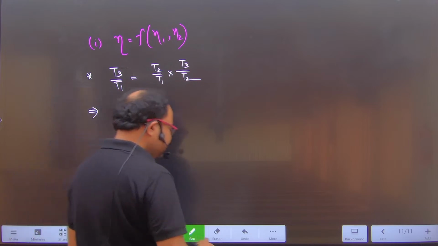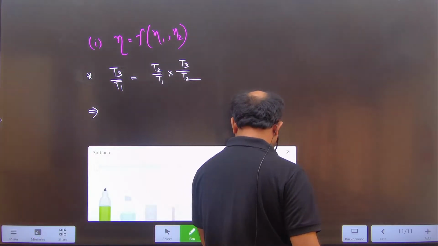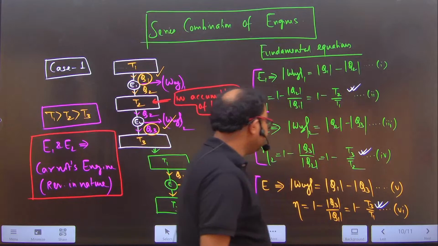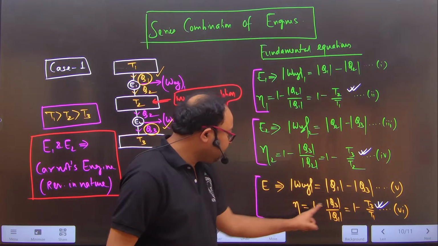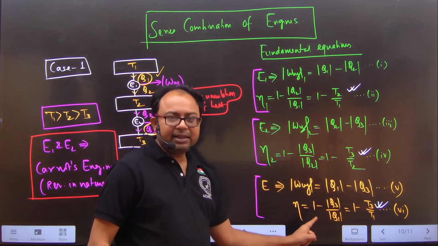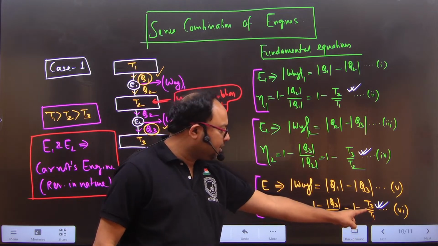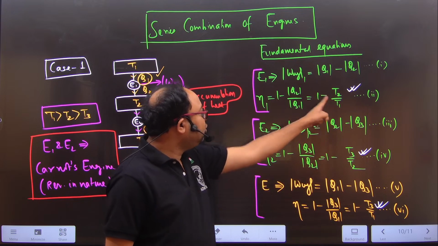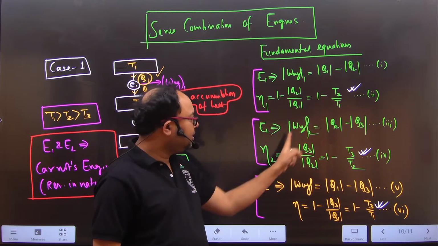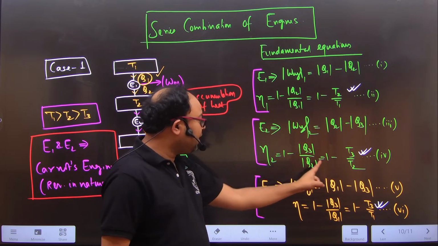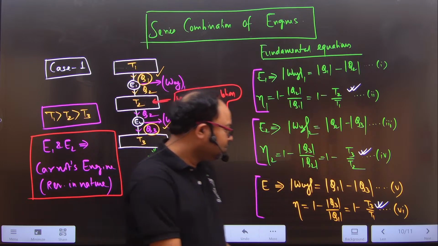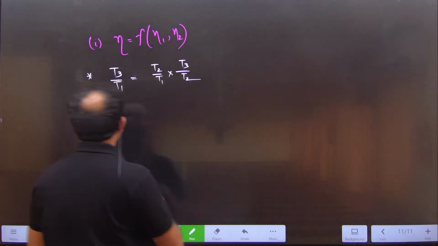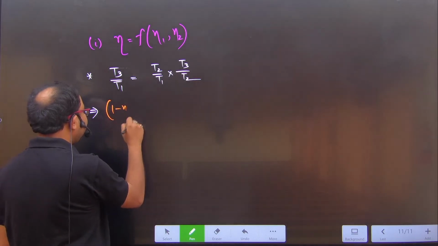Now, what is the expression of T3 by T1? Using equation 6, T3 by T1 is 1 minus eta.